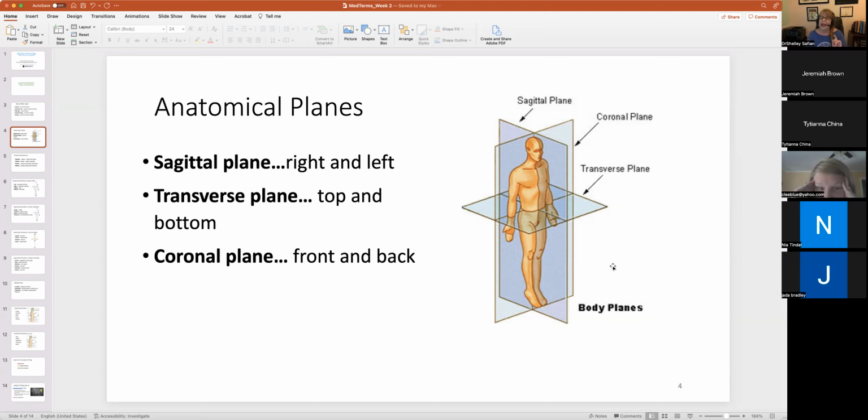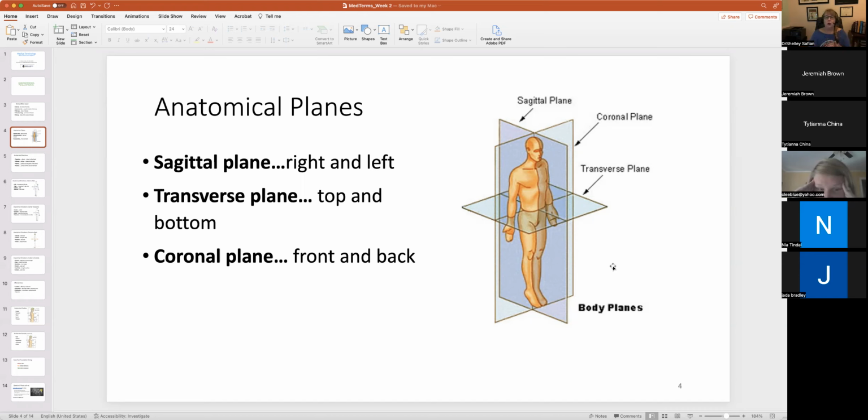Okay. The sagittal plane divides the body in half vertically, right and left. Okay. And remember, whenever a physician gives any direction or relativity to laterality, which is the term referring to right and left, it's always the patient's right, not the physician's right, not your right.